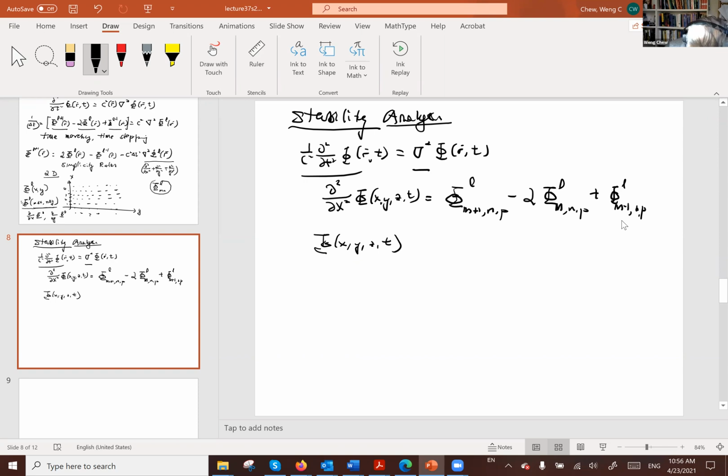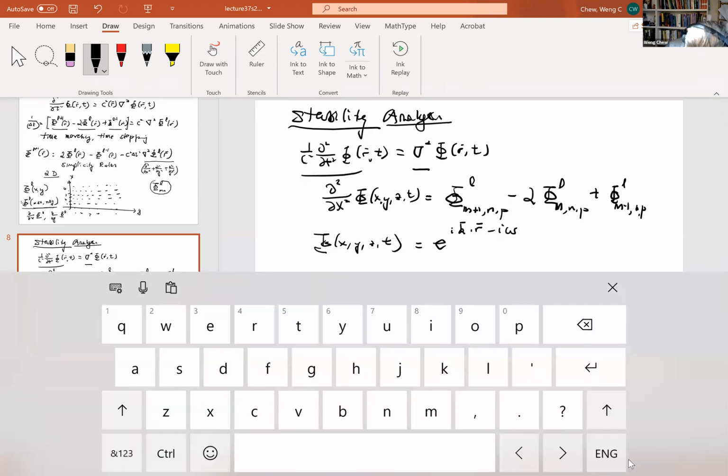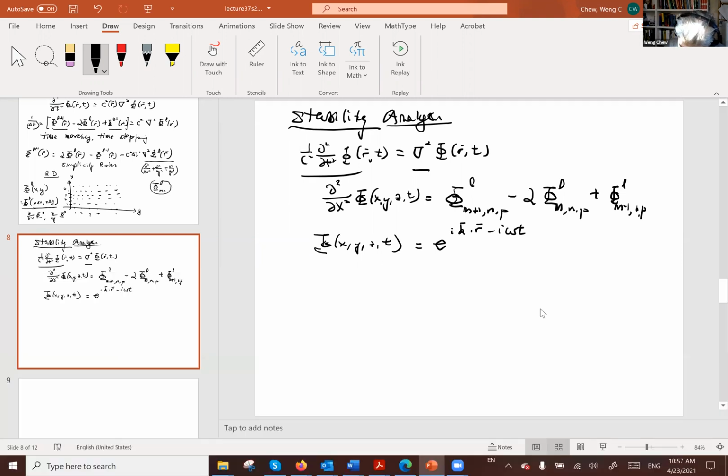It's proportional to e to the i k dot r. I can even put i omega t in there if I want to. Okay, let's assume that I have a time harmonic plane wave passing through the medium. And let's assume this to be my trial solution.